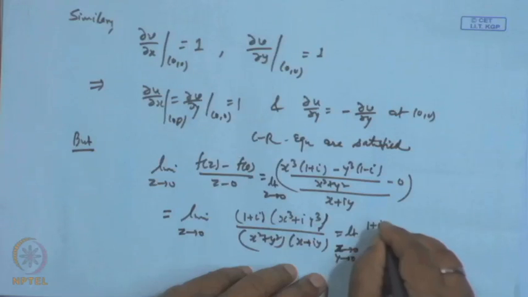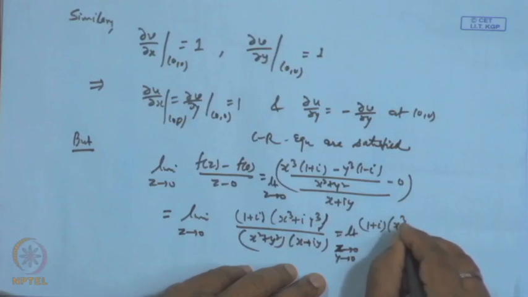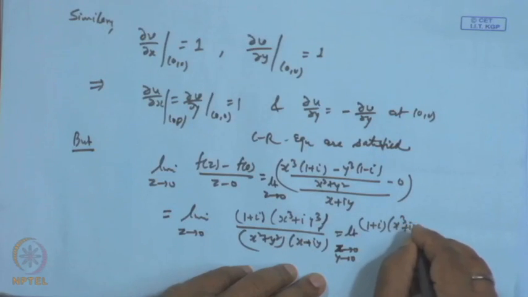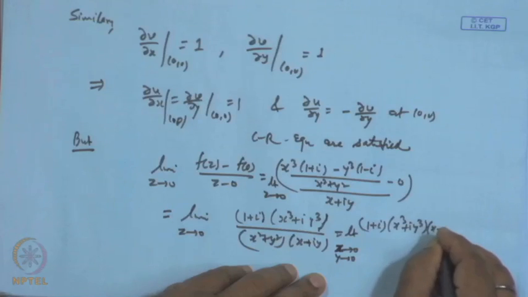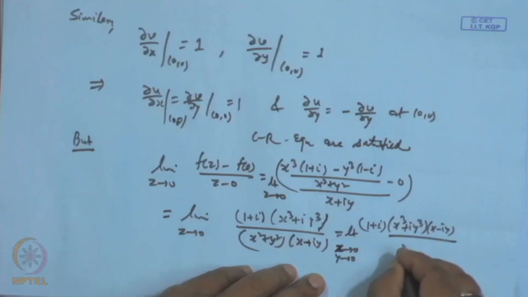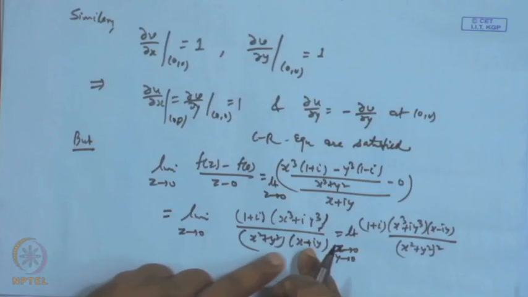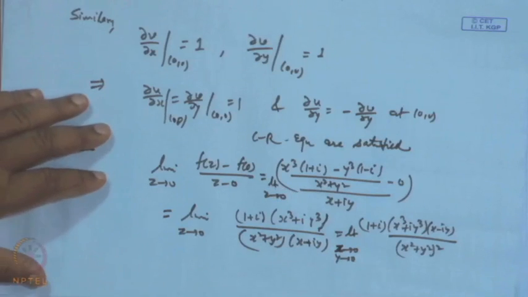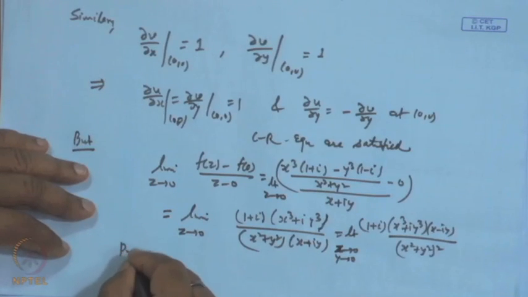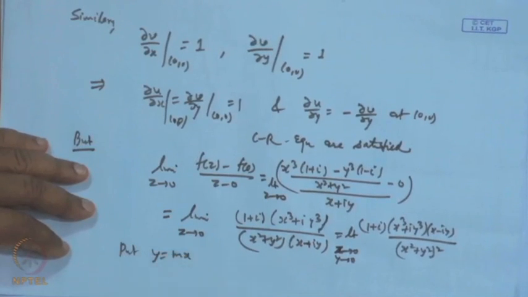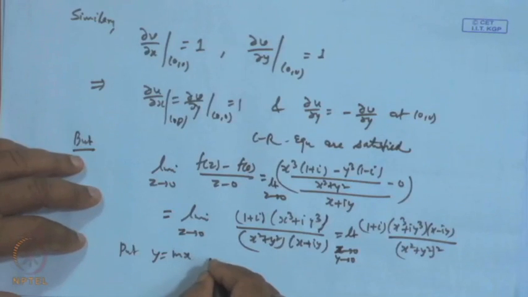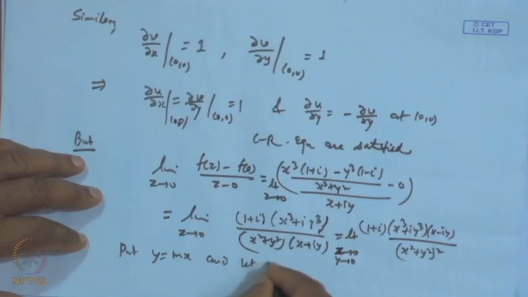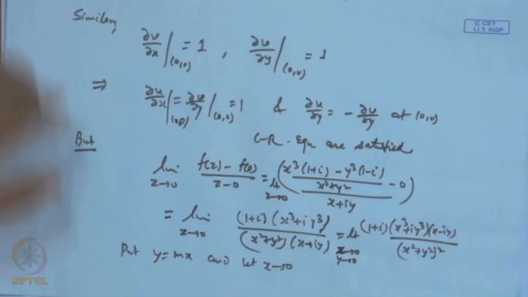So, (1 plus i)(x cube plus i y cube)(x minus iy) divided by (x square plus y square) whole square, because this is x minus iy times x plus iy, which is x square plus y square. So, it gives us square. Now, substitute y equal to mx and let x tend to 0. Then what happens?